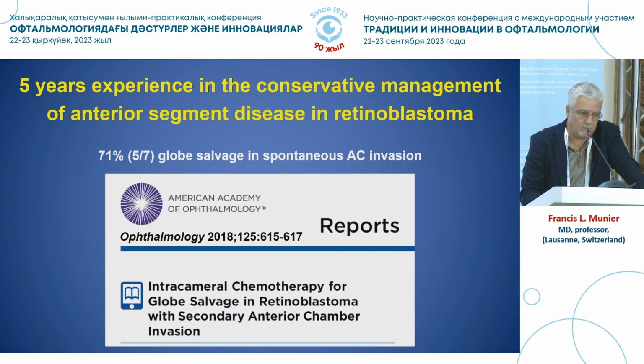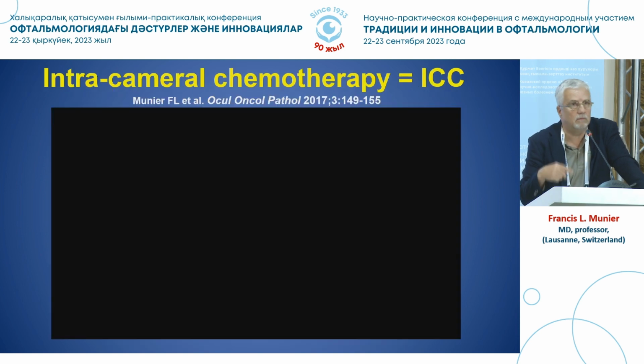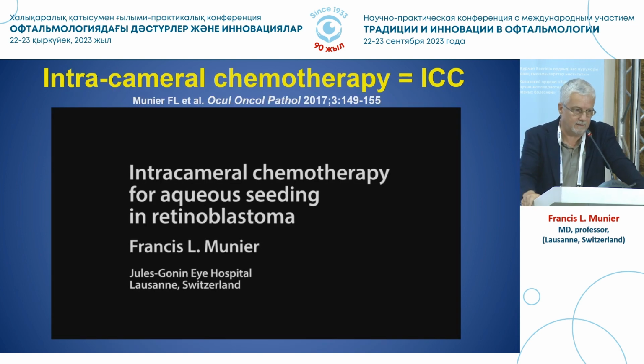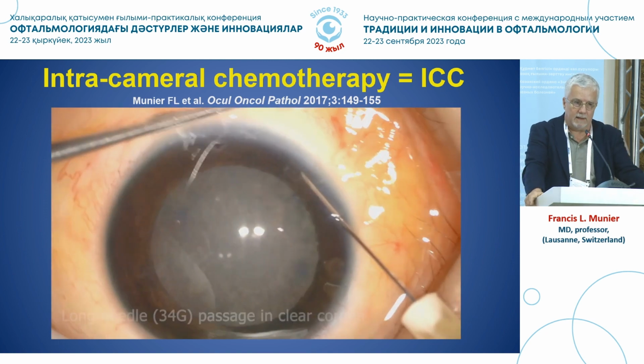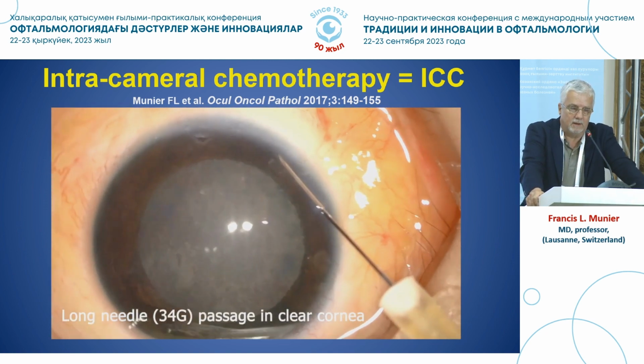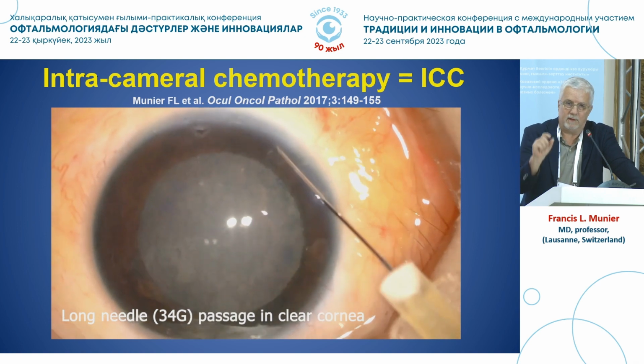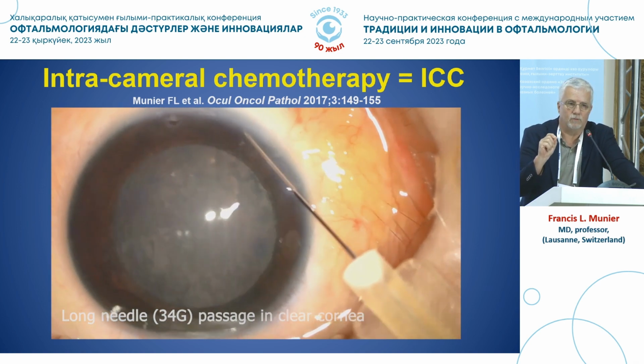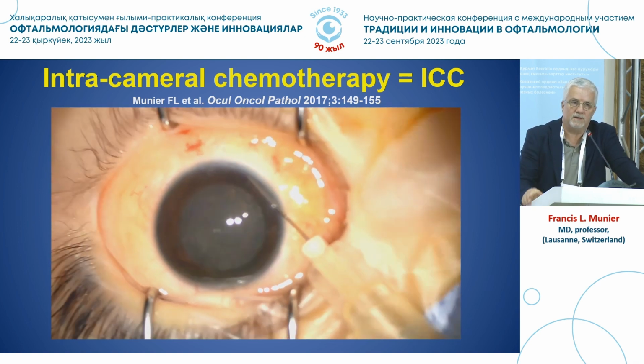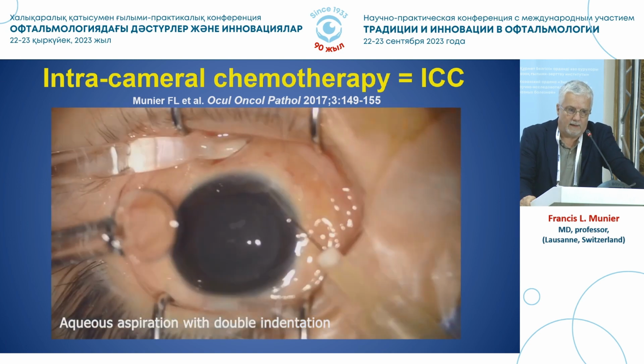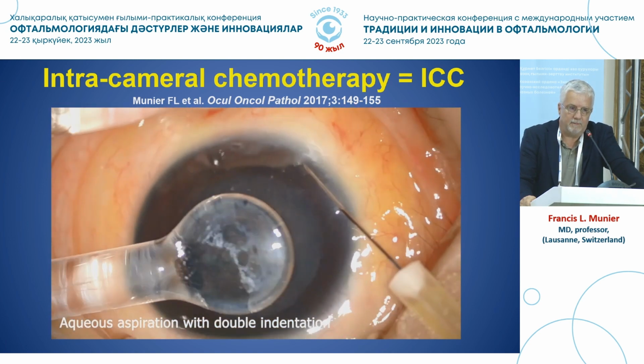Now, the technique itself is illustrated here. This is the technique of intracameral injection. So with a very thin needle of 34 gauge, with a long passage in clear cornea, we enter the antechamber.